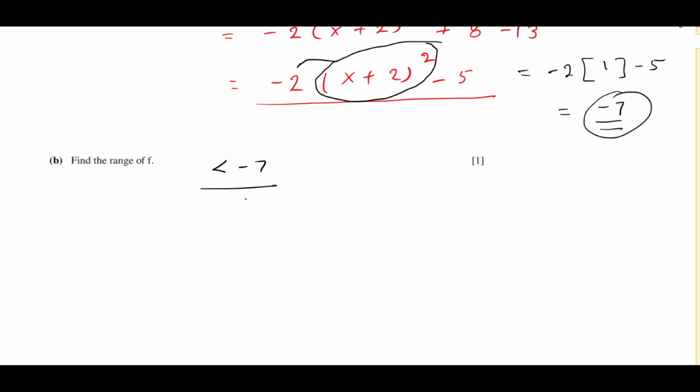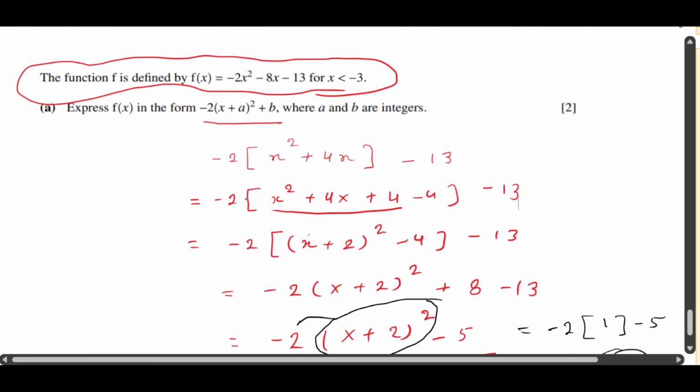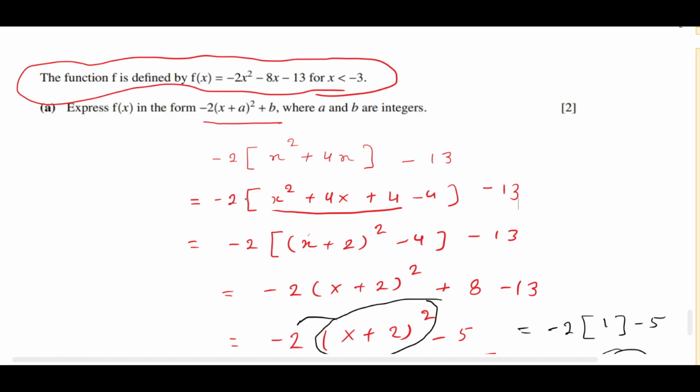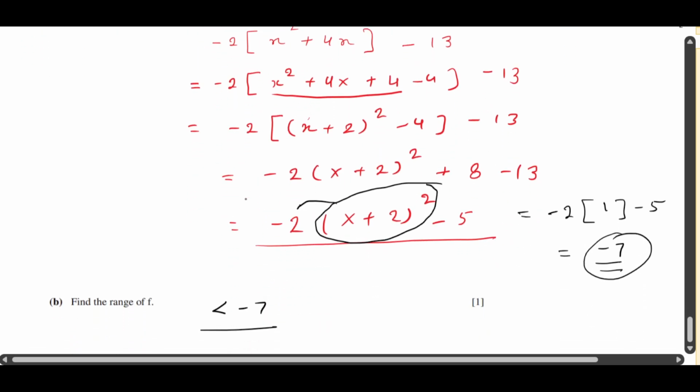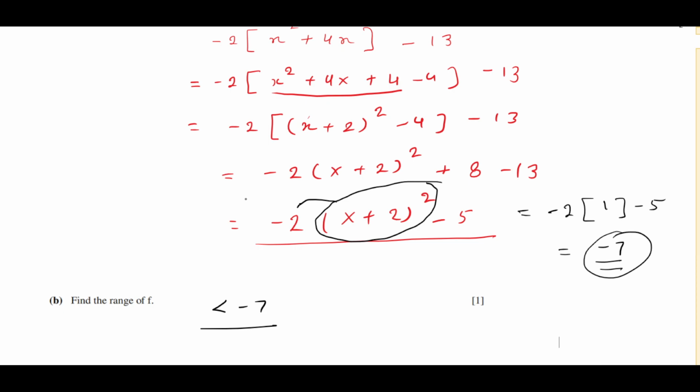And the question mentioned that my x value is less than minus 3. So the values of x are always going to be less than minus 3. Now in this expression, if I took values less than minus 3, the results which I will get are all negative only. The highest value I am getting is minus 7. So I will say that yes, my range will be less than minus 7.